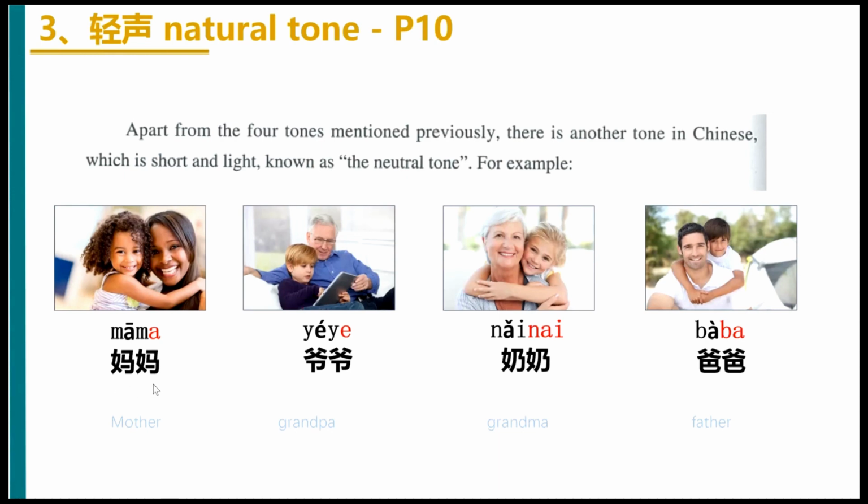Mama means mom. 爷爷 means grandpa. 奶奶 means grandma. 爸爸 means father.